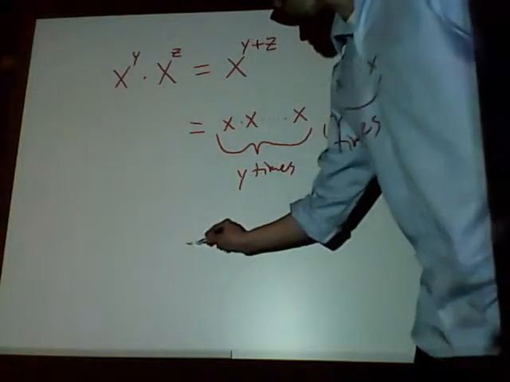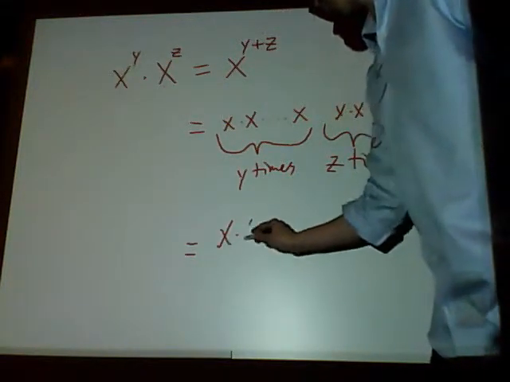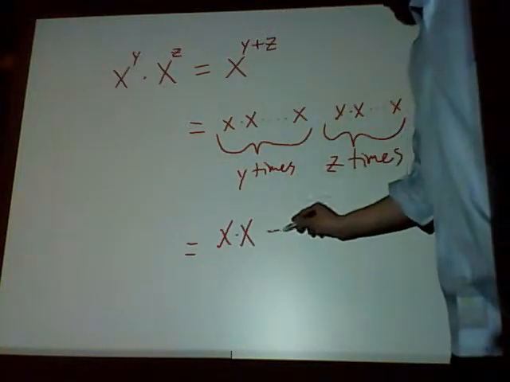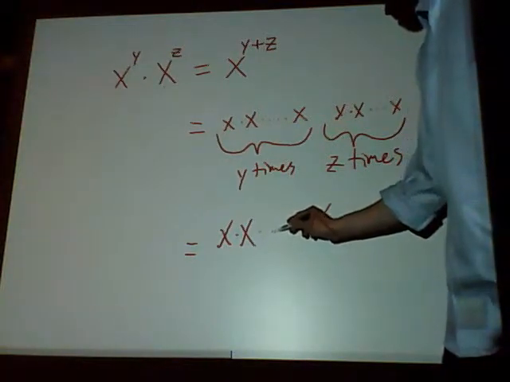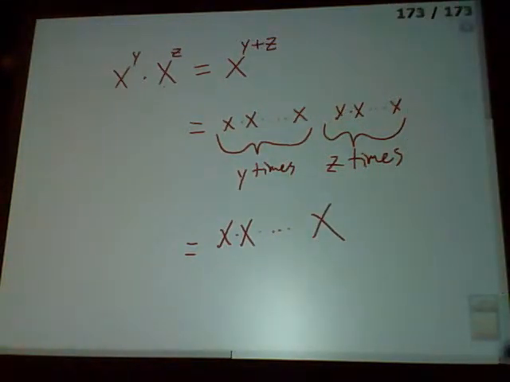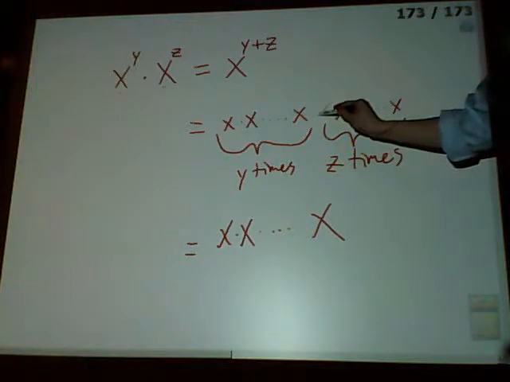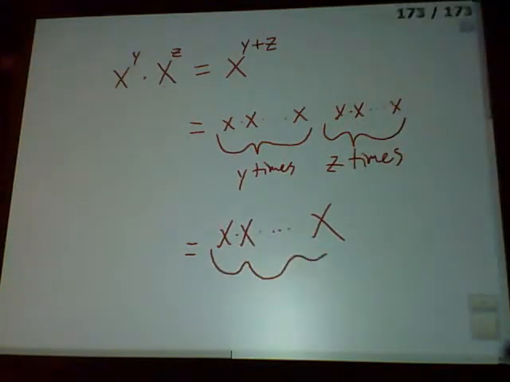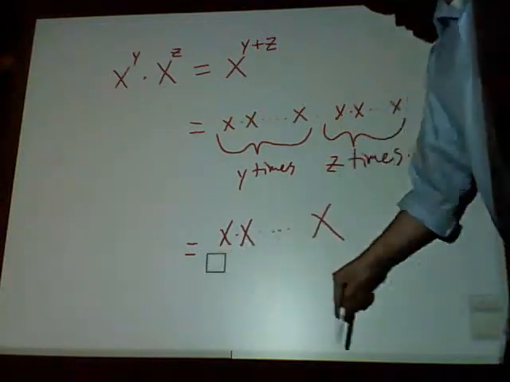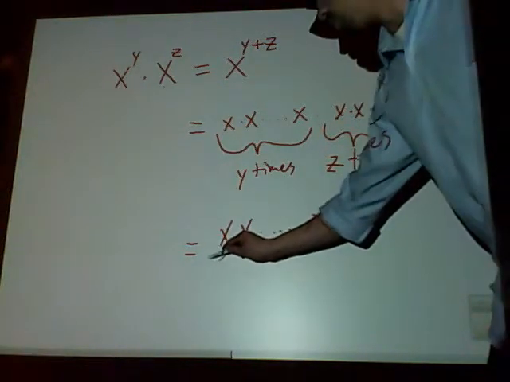Well, what is really going on? How many times am I multiplying x? If I do it y times, and then I do it z times, how many times am I doing it all together? I messed that one up. You guys are going to laugh at me for that one.